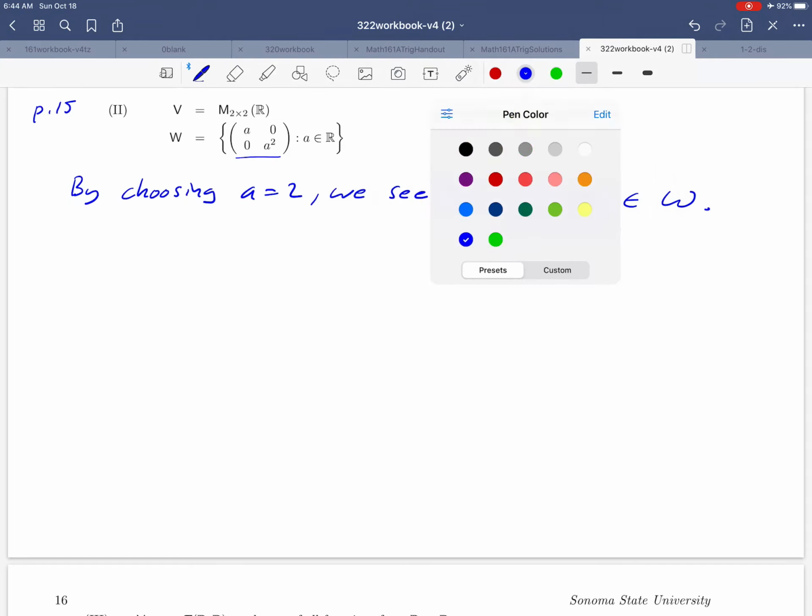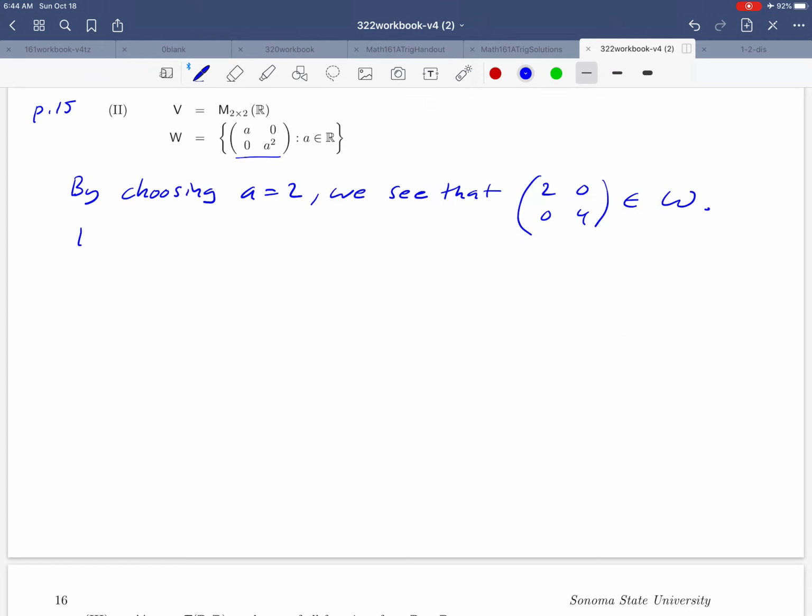However, what would happen if we took that matrix that we just came up with and multiplied by a scalar? I'm just going to multiply by the scalar 2. Well, if we do that, we're going to get [[4, 0], [0, 8]].